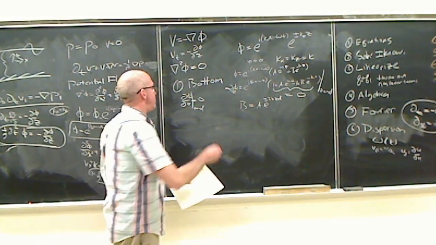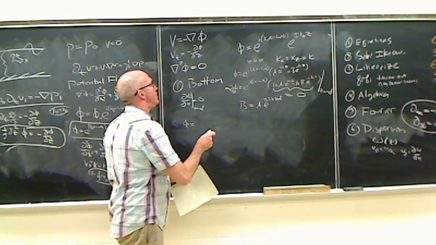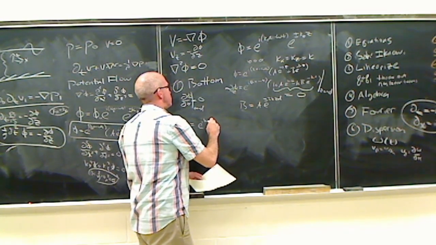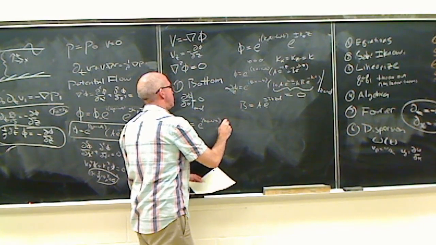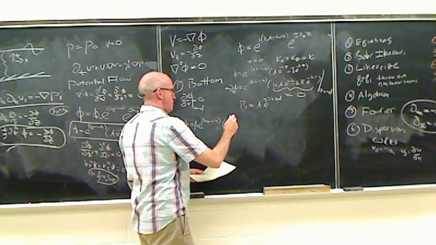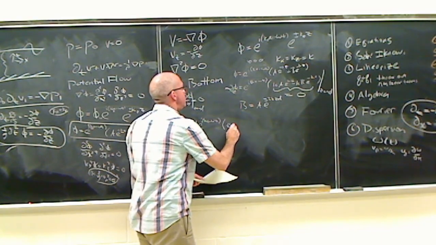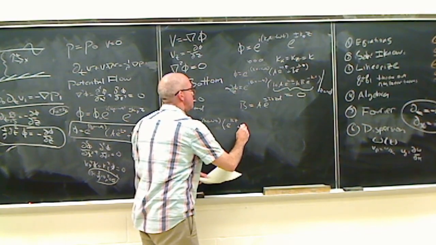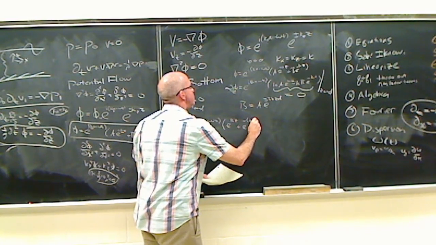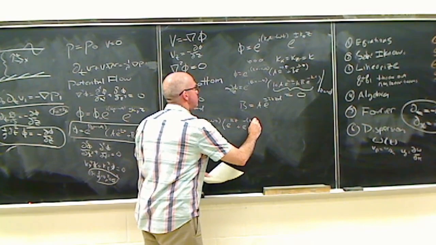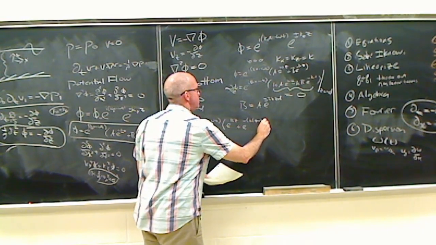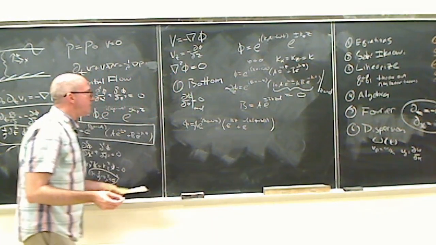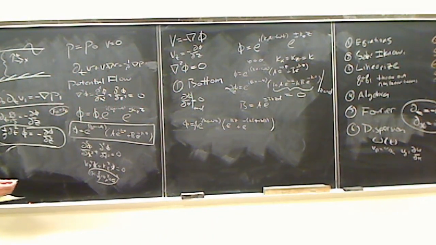So now I can say that phi equals e to the i(kx minus omega t). A comes out front, and then we're just left with e to the kz plus e to the minus k times (z plus 2d). This is phi.